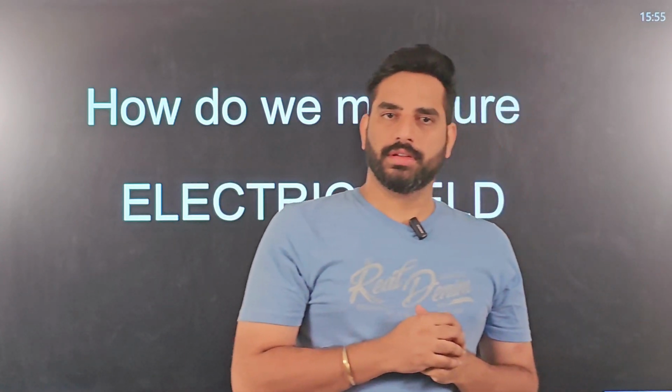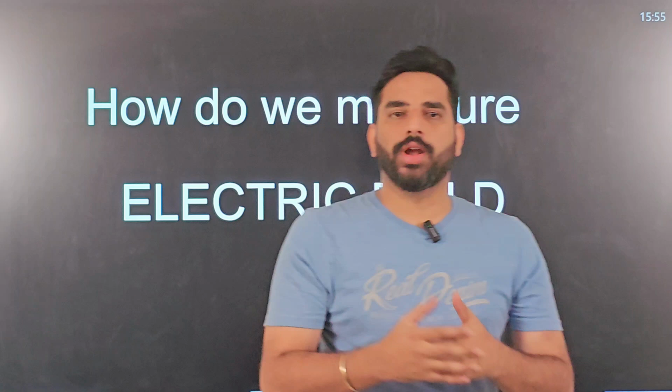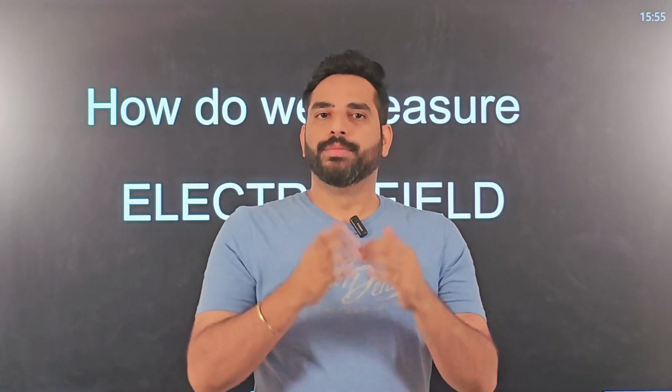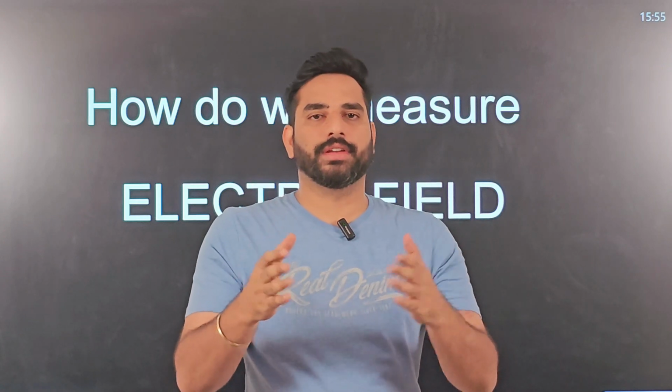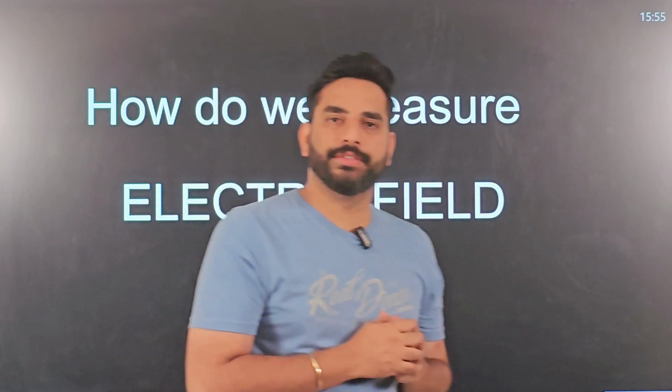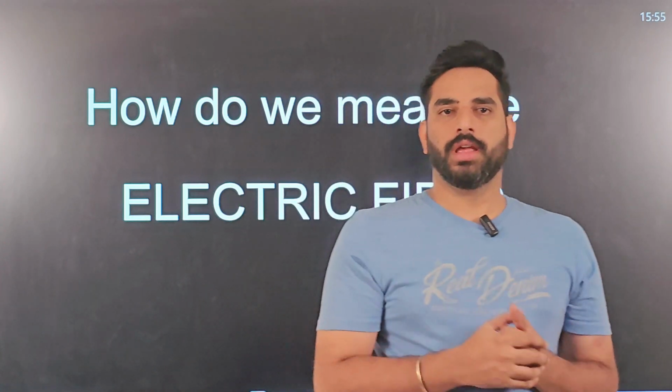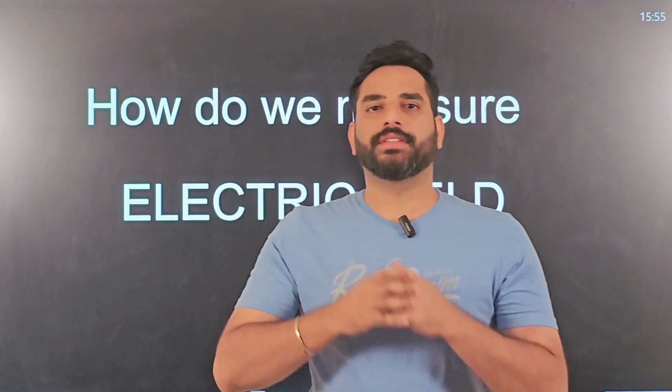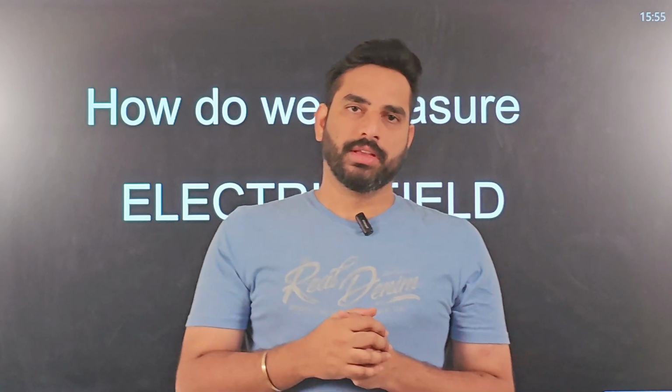So there are two physical quantities which are defined to measure the strength of electric field in a region. Number one, it is electric field intensity vector. Number two, it is electric potential scalar.